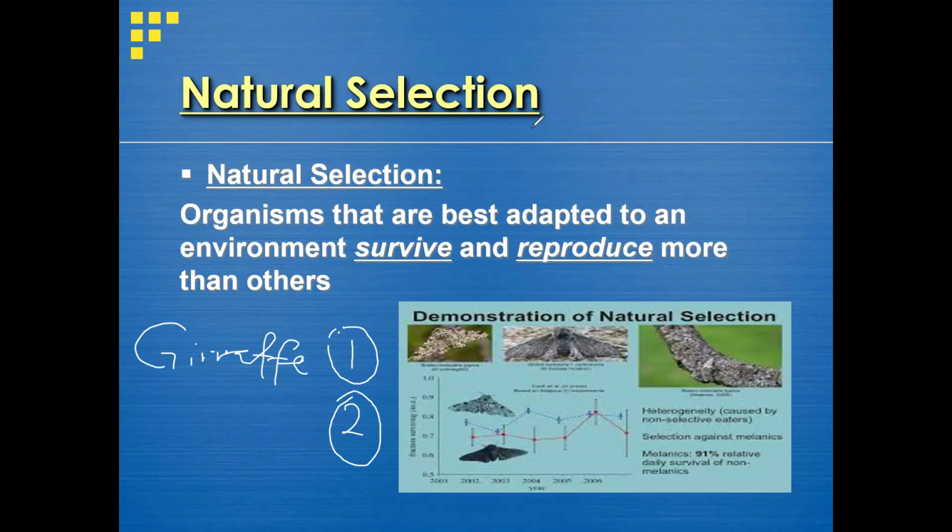I have the CGPA that suits me to survive in ABU, and my friend has a CGPA that does not suit him to survive in the environment, and naturally ABU itself, because of the rules and regulations, will just eliminate him. So the process of doing this is what you call natural selection.